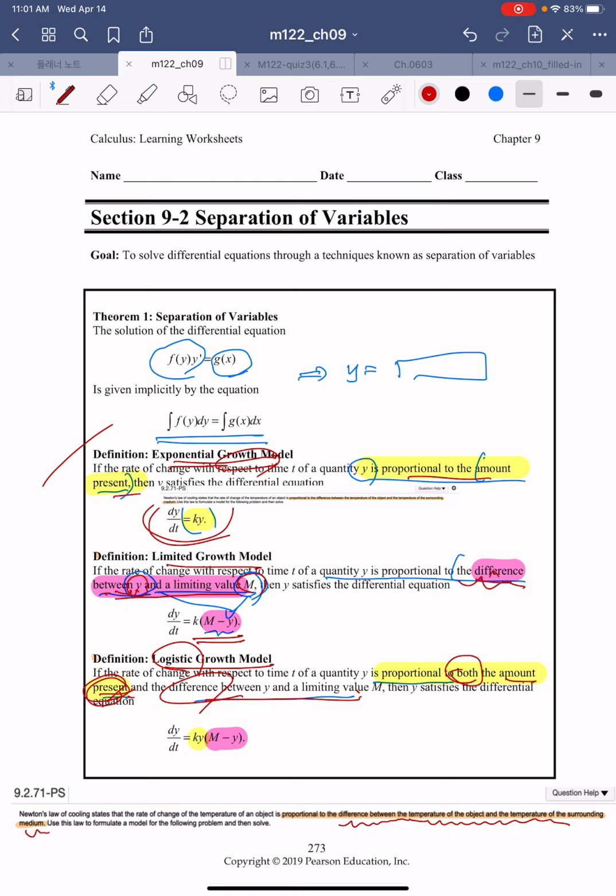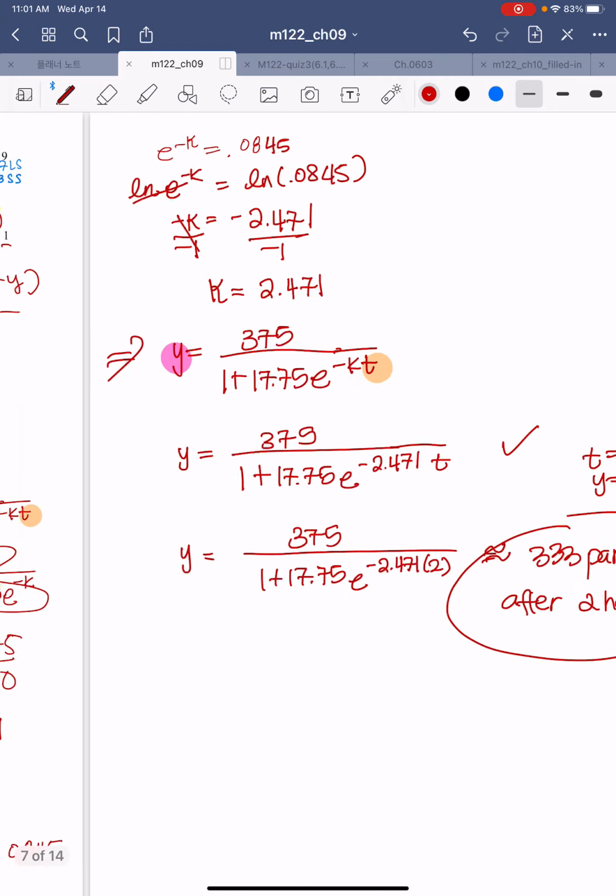It's literally proportional to the difference. So this will be a limited growth model.